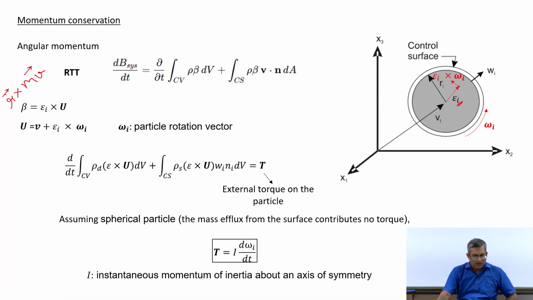Okay. However, if the particle has some, let us say, arbitrary shape, then it may contribute, but usually the vapor velocity at the surface is much smaller than the particle velocity itself.